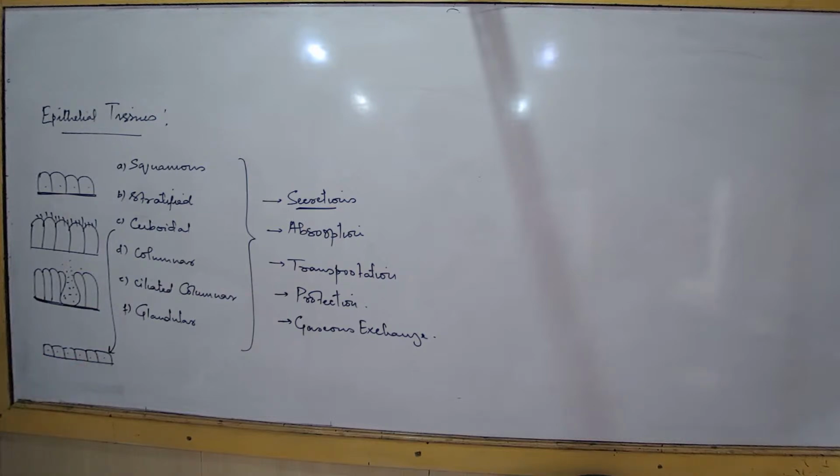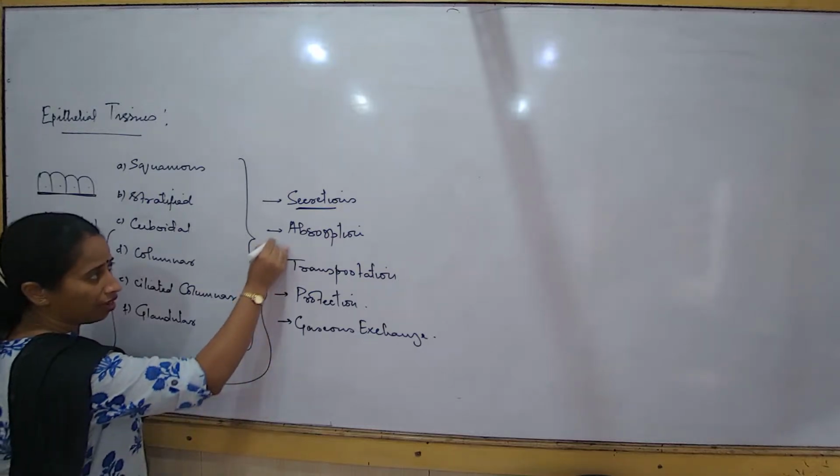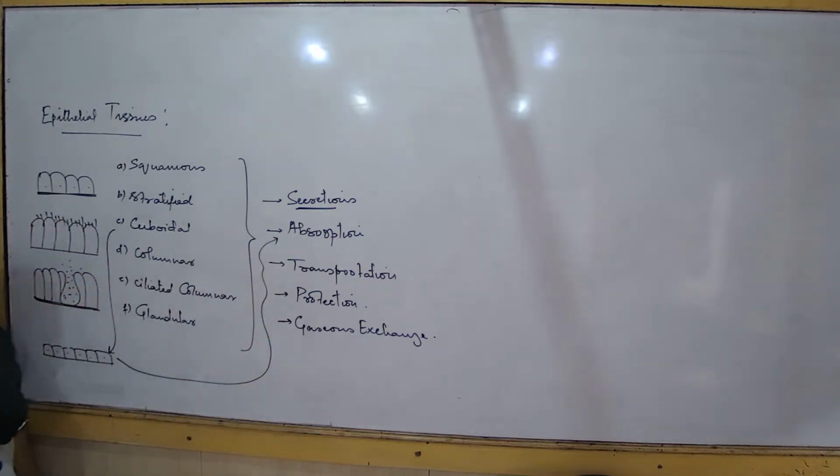Where are they present? They are present in the tubes of the kidneys, in the kidney tubules. They are also present in the salivary glands. So if the cuboidal cells are present in the kidney tubules, what type of function do they have? The kidney tubules are always meant to absorb all the unwanted substances from the blood and throw them out.